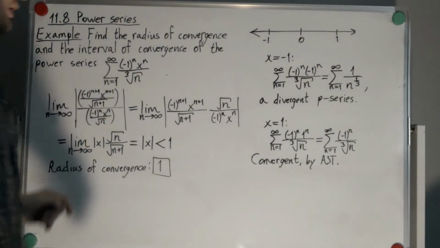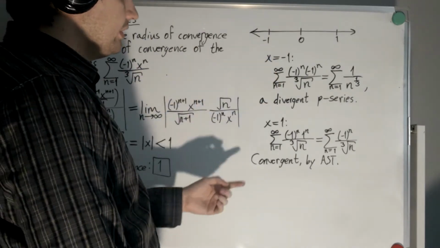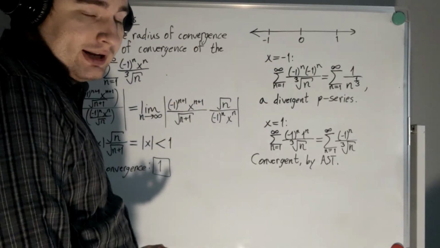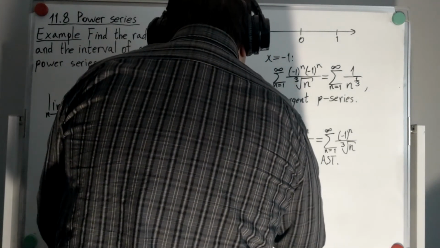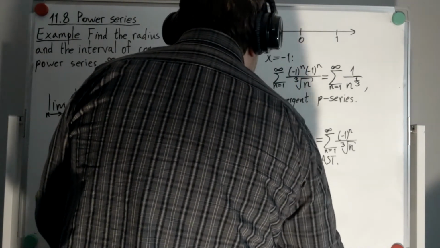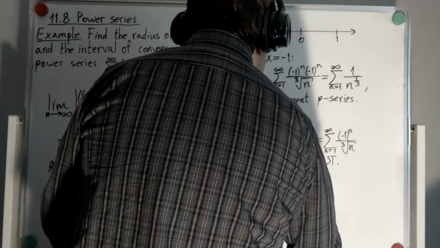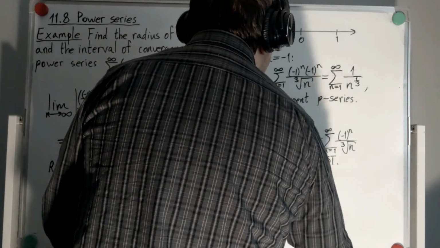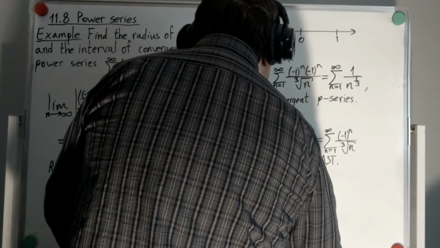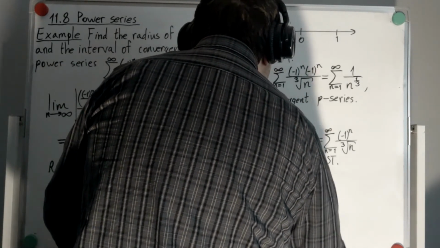And then with that, you get that there's not convergence at -1, but there is at 1. And so the interval of convergence, that would be where x is greater than -1, but less than or equal to 1. Or in other words, the interval from -1 to 1, open on the left and closed on the right.